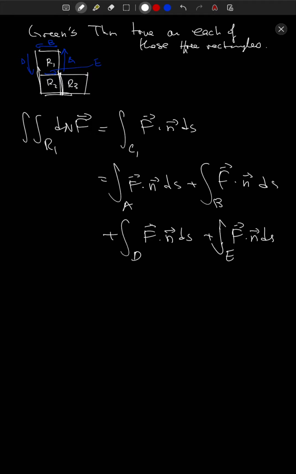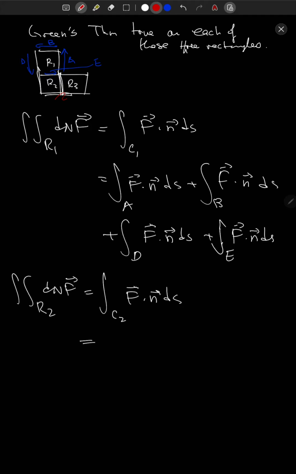Now let's look at R2, rectangle 2. We have the same idea, the same theorem: the double integral over R2 of divergence F equals the integral over C2 of F dot n ds, again from the extra credit problem. Let me write down some curves. I stopped at E, so let's call this F, and G. Then the next one here is E, but in the opposite direction.